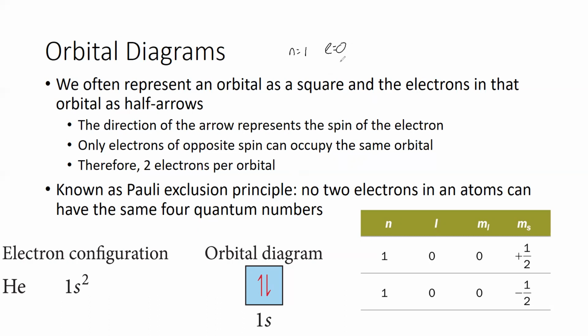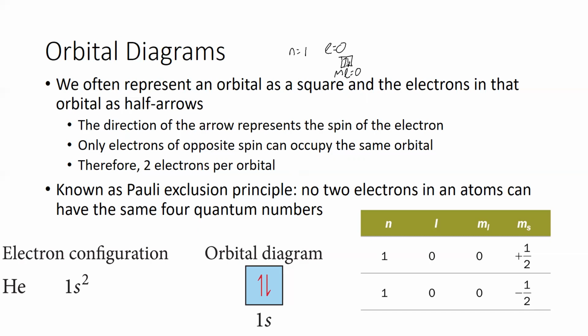When you do that, the only m sub L value you can have is 0. Every time you make an m sub L, you get to draw a box, and then 2 electrons go in each box. These are called orbital diagrams.